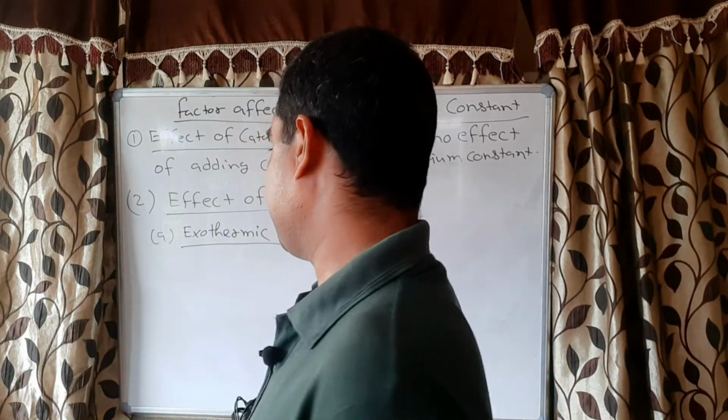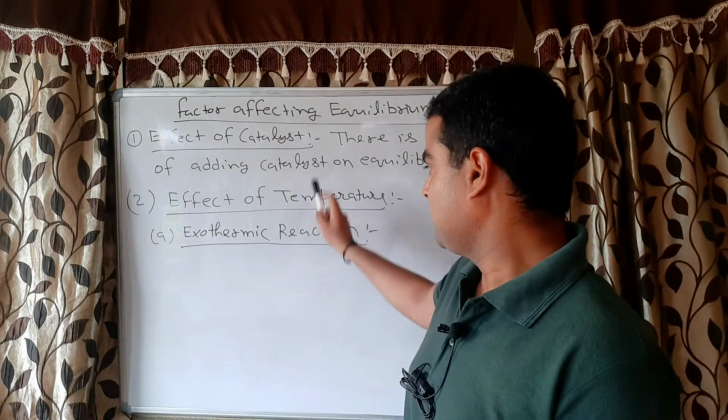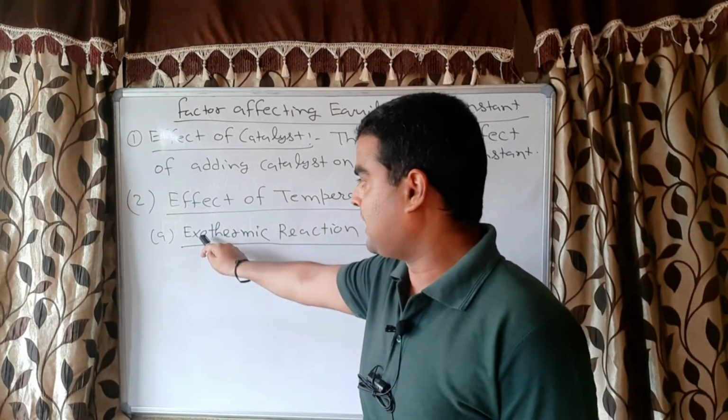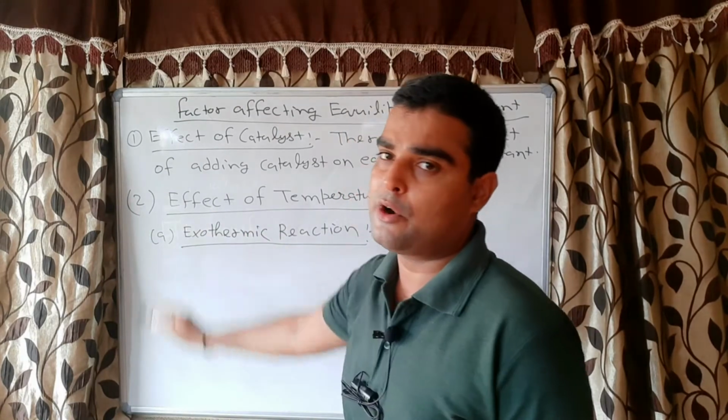What is the meaning of exothermic reaction? The meaning of exothermic reaction is when a reaction is happening, it will evolve the heat. Exo means outside, so heat will be evolved.